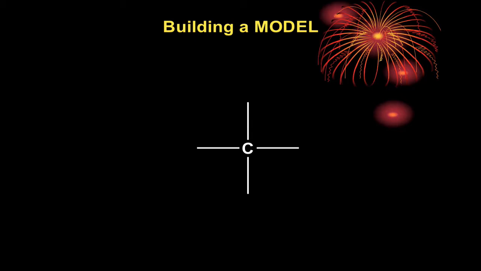Once you have these spheres, randomly put them on your carbon atom. Just at random. Don't even think about it. Just grab one. Don't look at anybody else. Just randomly put them on the carbon atom.